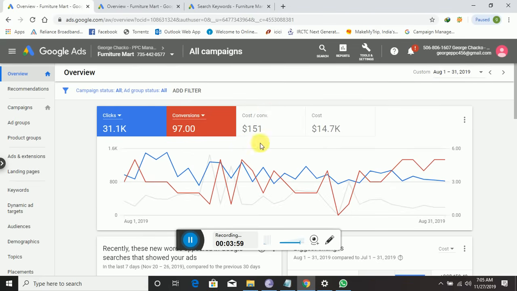the cost per conversion he was getting was very large. It's nearly $151, right? And the cost was also on a higher side. The clicks were there, but the conversions were not there, right?